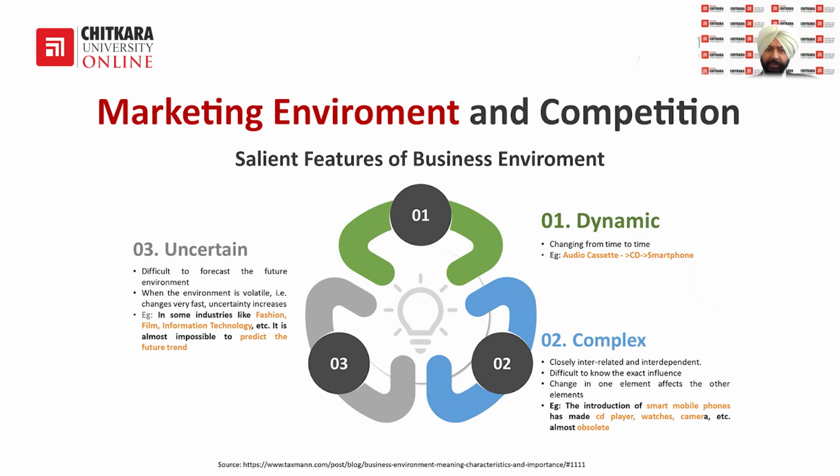If I'm talking about changing prices, rates, everything impacts. It is difficult to know the exact influence, difficult to measure, and we cannot predict the timing. Change in one element affects the other. I shared with you already that if one aspect gets impacted, it will have a cascading impact on other factors as well.